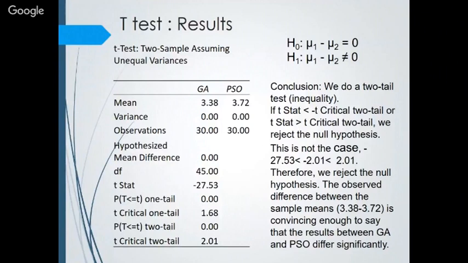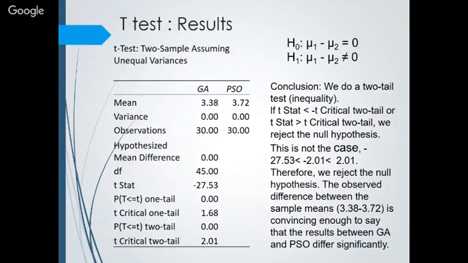Observations are 30 and 30, and the hypothesized mean difference is 0. The degrees of freedom here is 45, and the T statistic is minus 27.53, with P value one tail, T critical, P value two tail, and T critical two tail. This is the entire result.